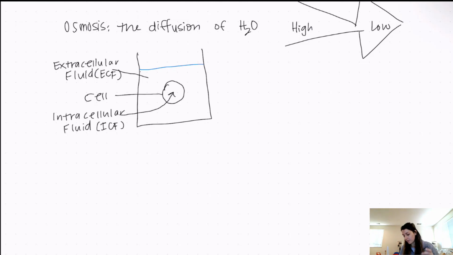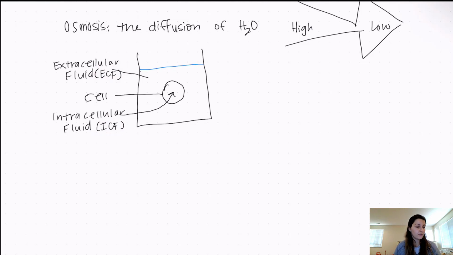And then there's a couple of other things that we need to think about too, is the concentration of stuff, and that stuff is solutes, inside of the ICF versus the ECF. So let's talk about this.